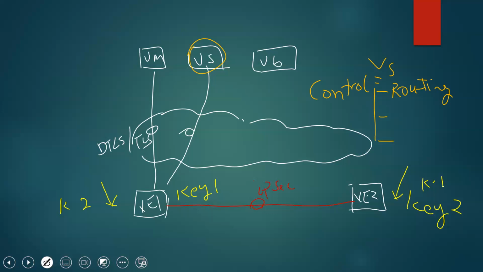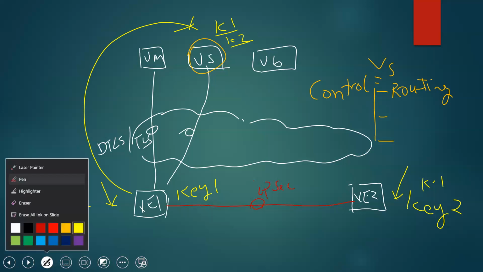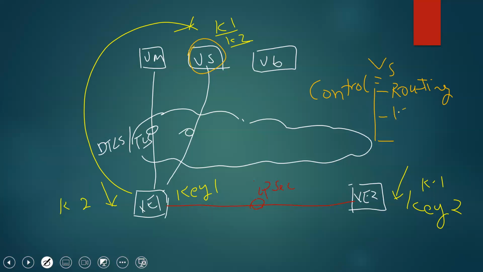What is happening here is that the edge devices send their keys to vSmart, so key 1 and key 2. vSmart knows key 1 and key 2, and then vSmart is responsible for exchanging the keys between the edge devices. So vSmart is termed as a key server as well, KS, key server.